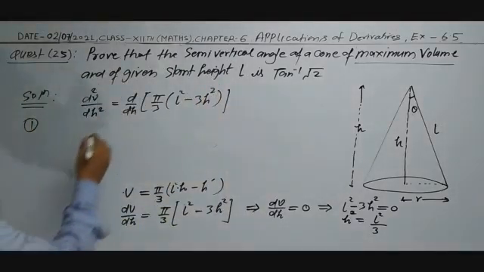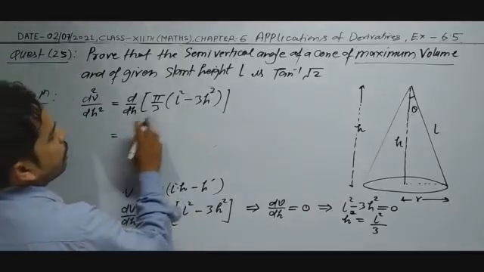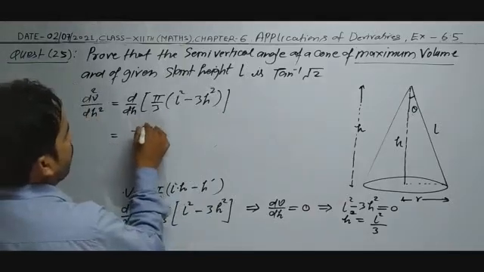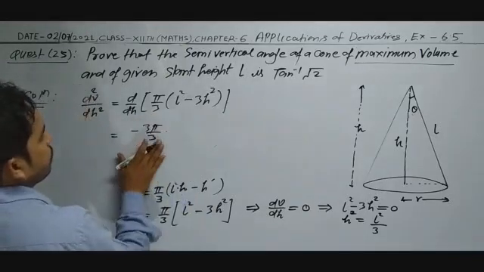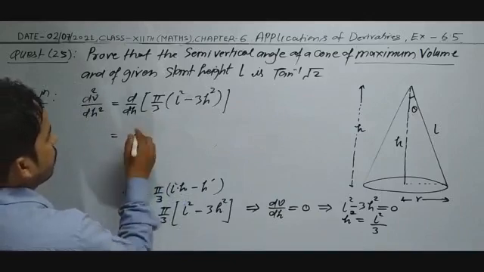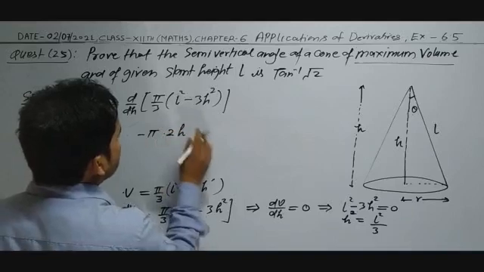Now when you differentiate, this term will be 0 and this term will be minus 3 pi by 3, which means minus pi, into 2h.